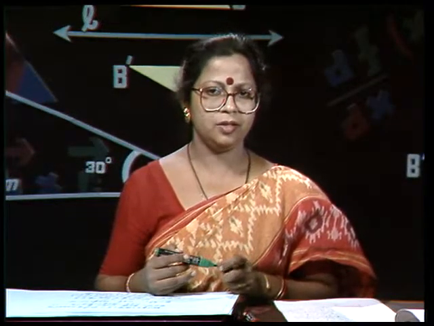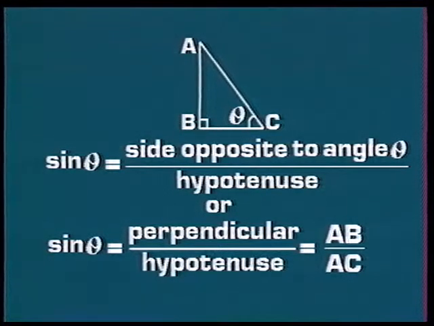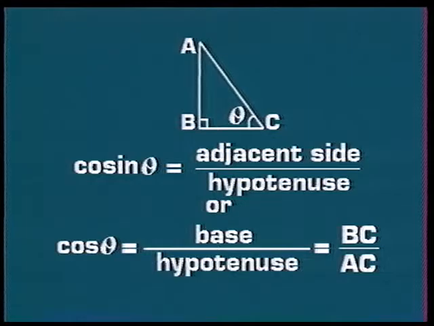Before we finish today's lesson, let us have a quick recapitulation of what all we learned today. We learned that the ratio of the side opposite to the angle theta upon hypotenuse is equal to sin theta. The ratio of the adjacent side to that of the hypotenuse is called cos theta.